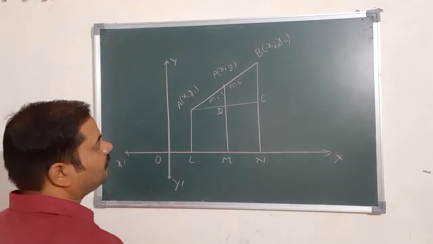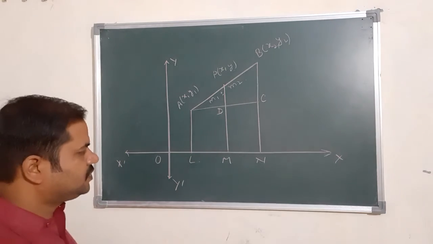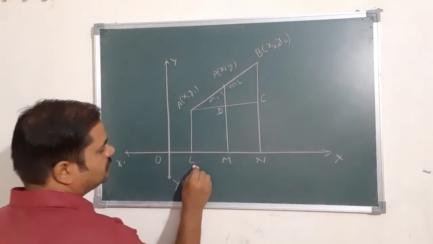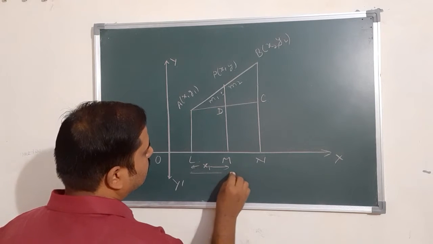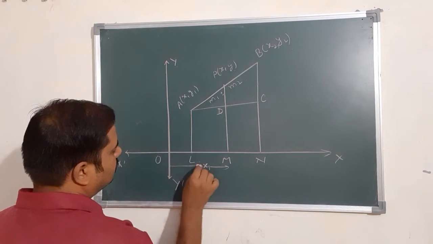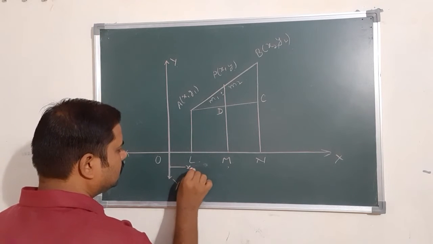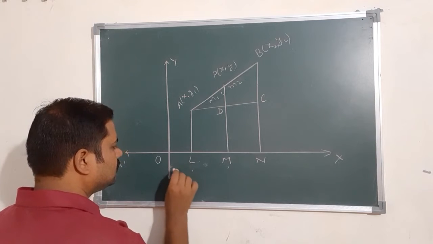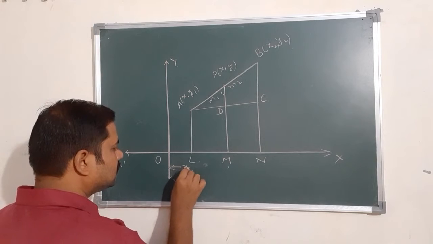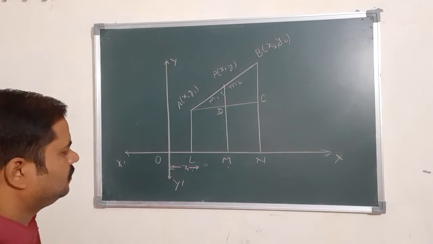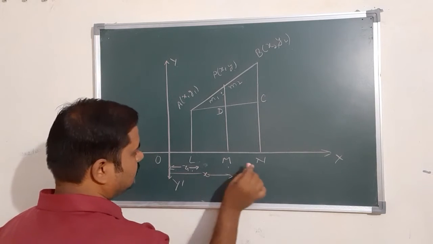Now, if you see the triangle, first of all you mark the points. So this is x1, this is the point x, and this is the point x2.